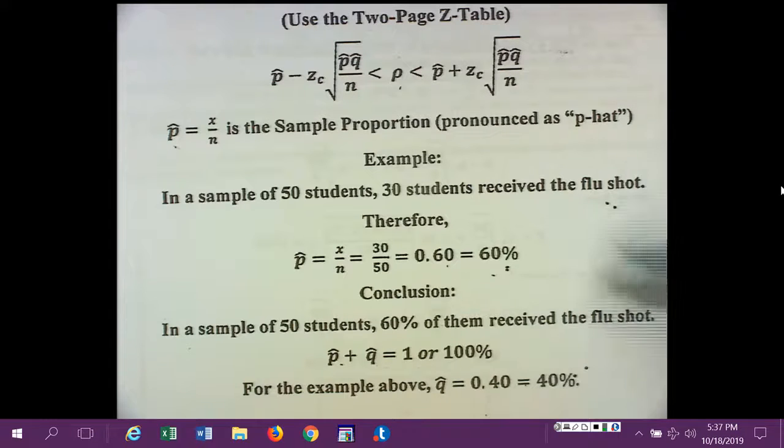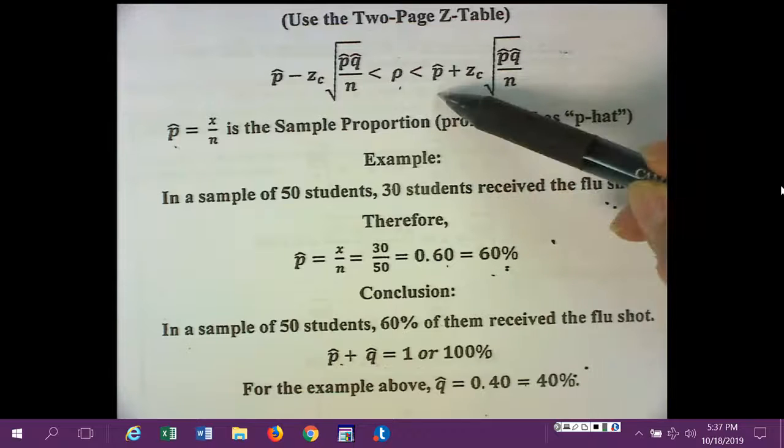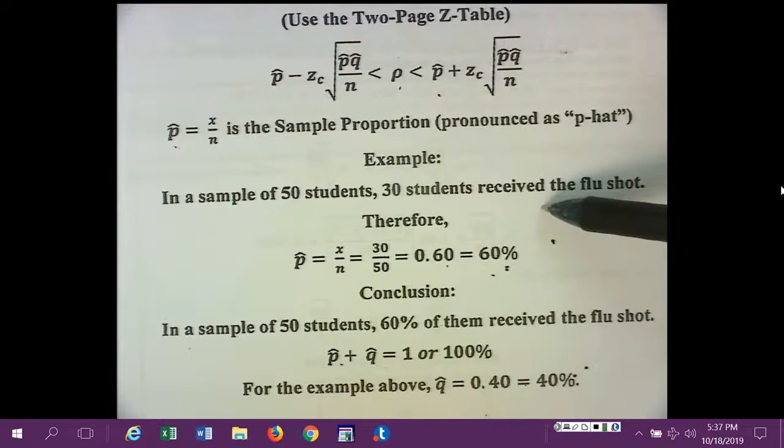It is very important to understand that when you calculate a proportion interval for true population proportion, and you understand that P hat is your sample proportion, the confidence interval is all about using P hat. Your desired characteristic in this case is having a flu shot.